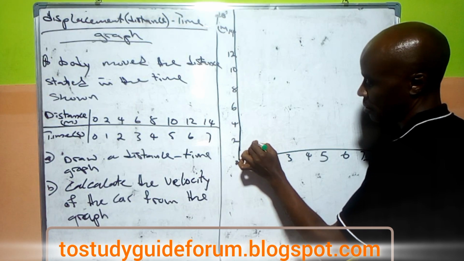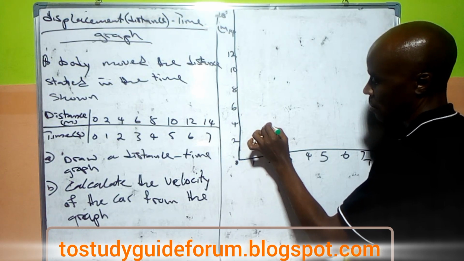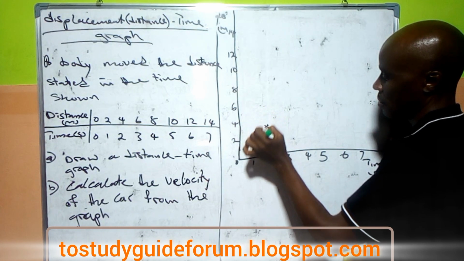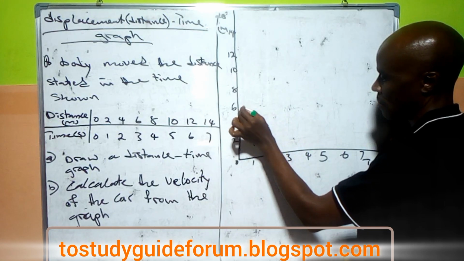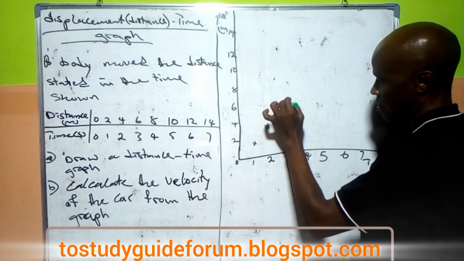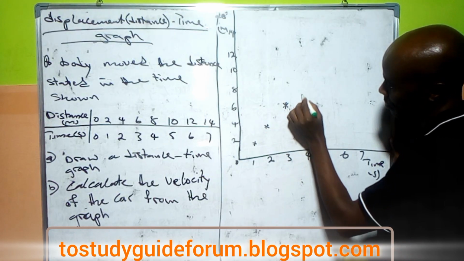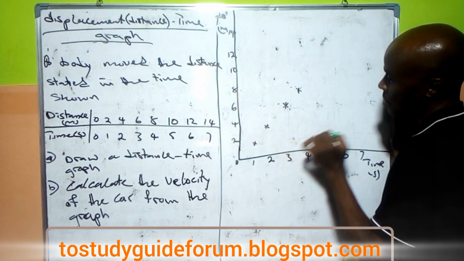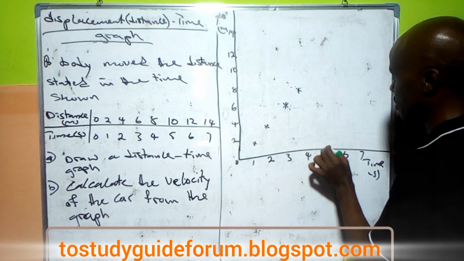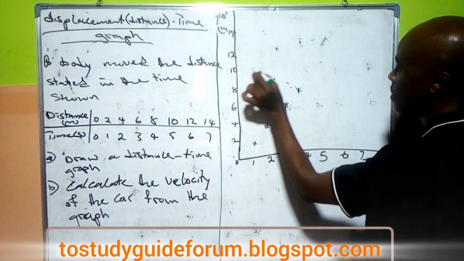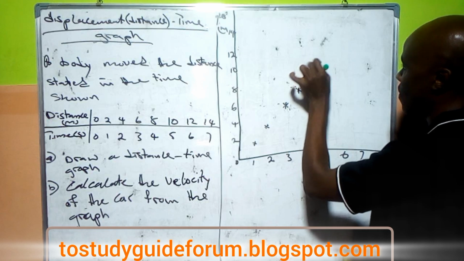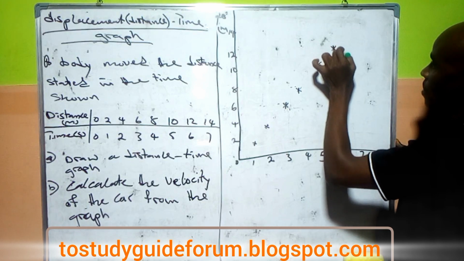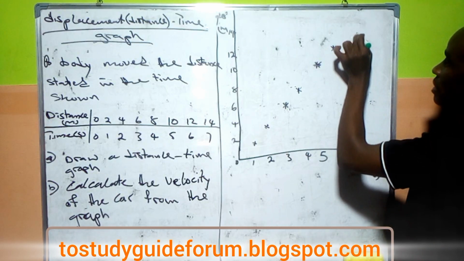At this point, 2 and 4, 3 and 6, 4 and 8, now 5 and 10, 6 and 12. Hope it's right. Then 7 and 14.